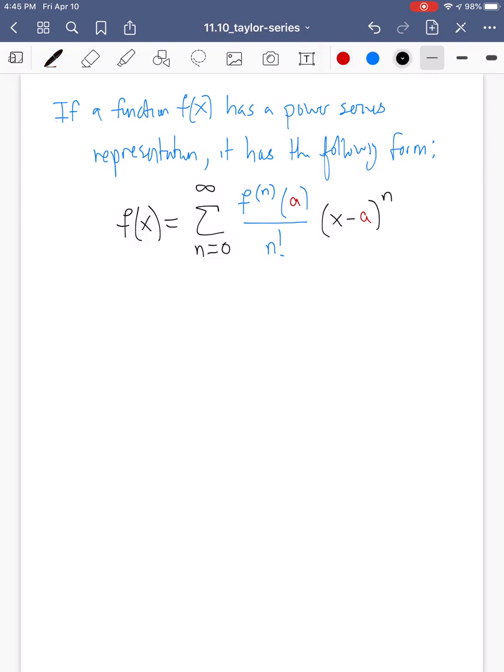This is the recipe for finding the Taylor series, or the power series, of any differentiable function.